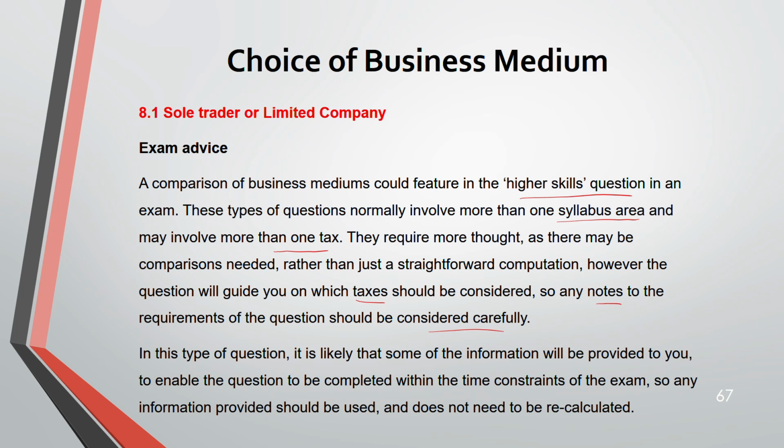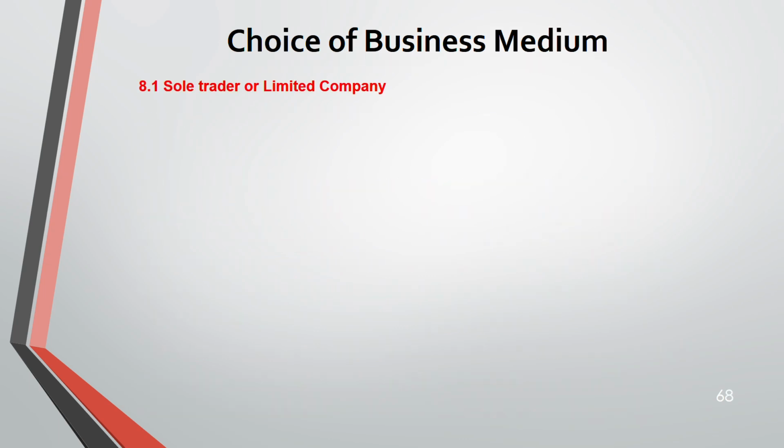And in this type of question, it is likely that some information will be provided to you. Any information that is provided does not need to be recalculated. You don't have to recalculate them; they have given it to you. Now, we compare income tax, corporation tax, and national insurance.